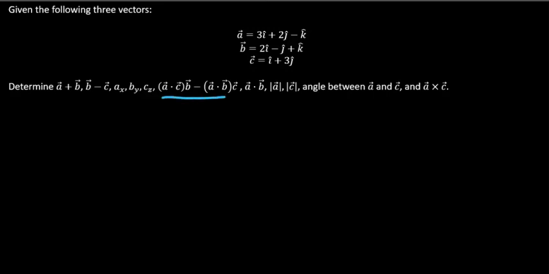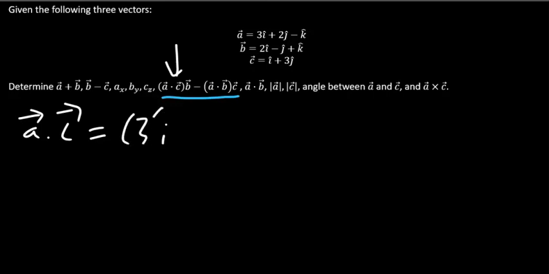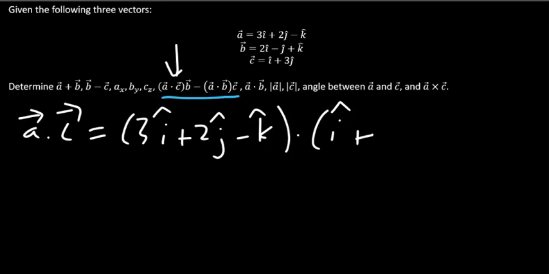Now let's do this operation right there. The first thing to do is A dot C. So vector A dotted into vector C. We are performing a dot product. That means 3i hat plus 2j hat minus k hat dotted into i hat plus 3j hat.